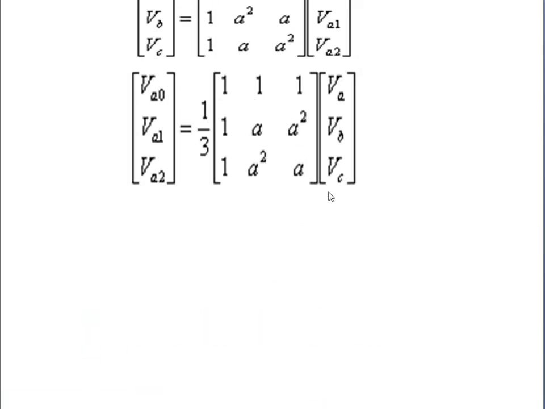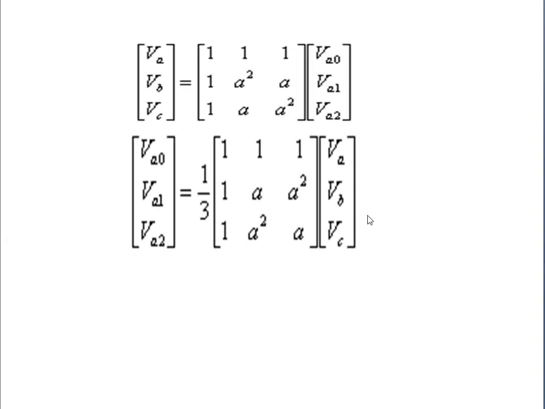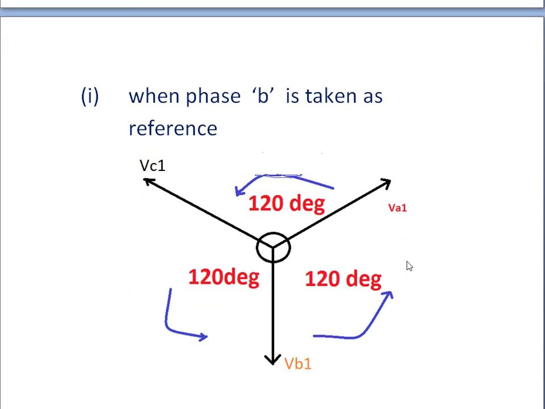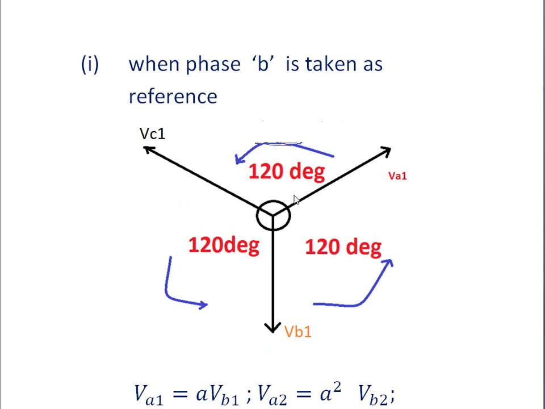So similarly, we can write a similar matrix by taking a different reference vector. Suppose you take phase B as the reference vector, in that case, look at this. This is your VB1, and when this is taken as reference, then we have to represent VA1 and VC1 in terms of VB1.